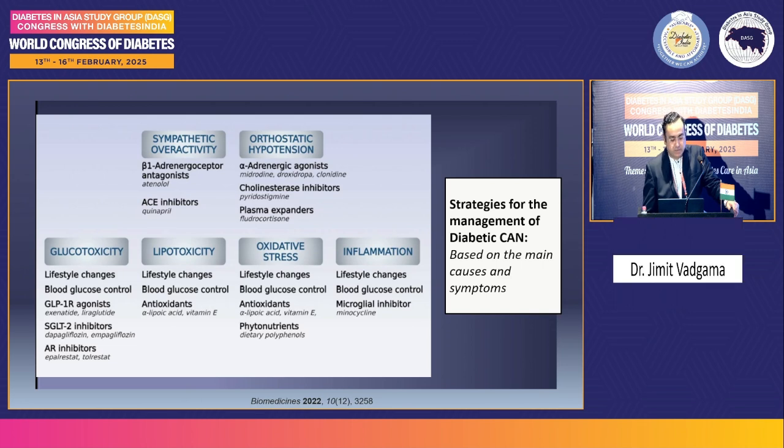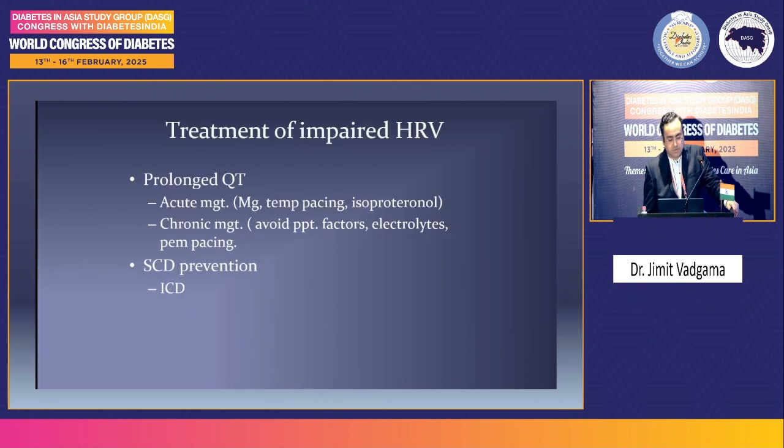We can use cholinesterase inhibitors, and we frequently use plasma expanders, which we know as fludrocortisone, a mineralocorticoid kind of steroid, which expands the plasma, which ultimately reduces the chances of orthostatic hypotension. Even for patients who are on antihypertensives, adjusting them will reduce the risk of orthostatic hypotension.